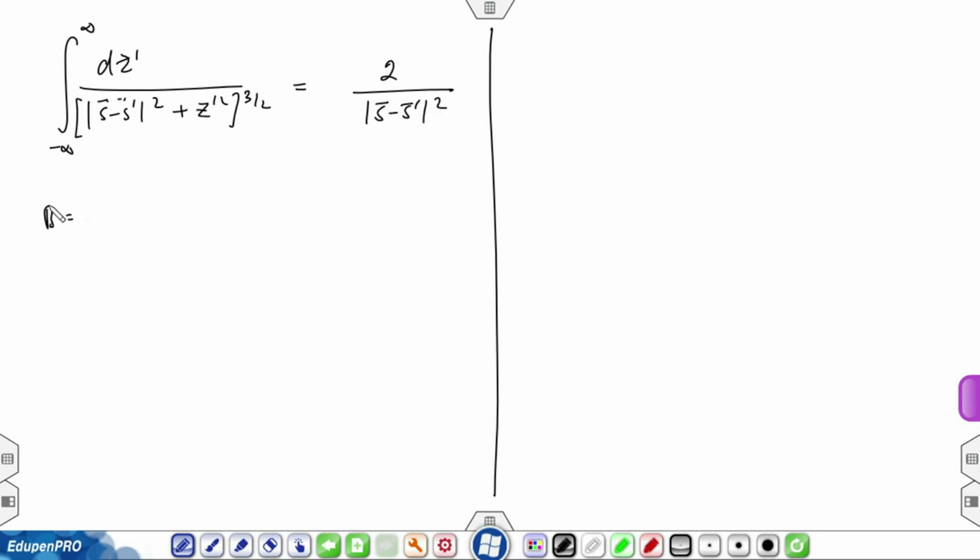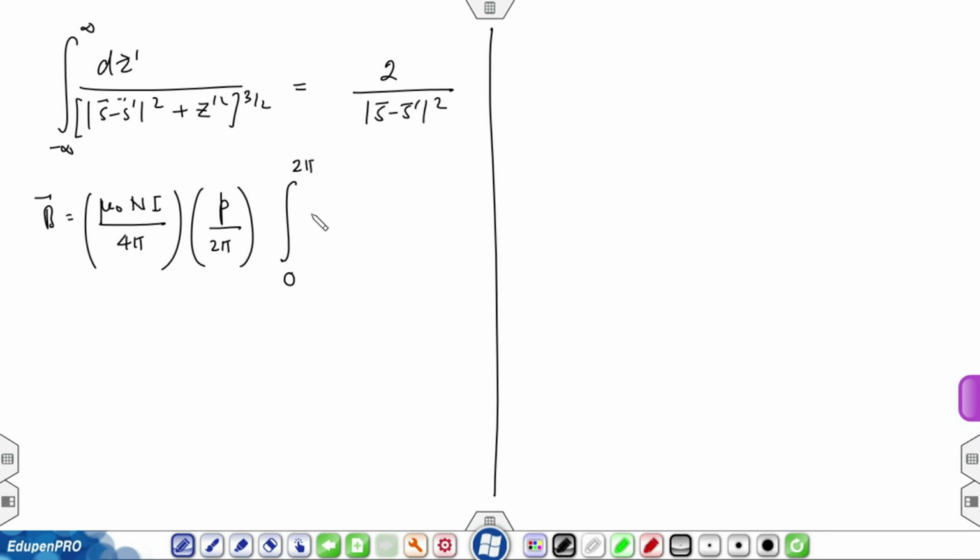B equals mu 0 n I over 4 pi, p over 2 pi, times the integral 0 to 2 pi. Just keep checking the expressions I have, because I may have missed something here. (s phi minus a phi prime) divided by mod s minus s prime whole square.